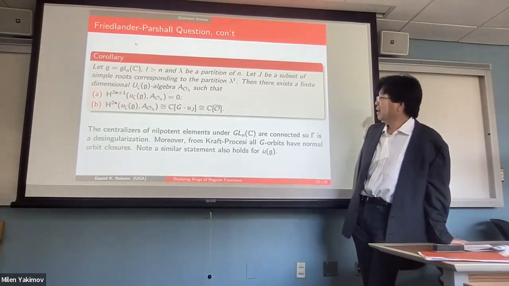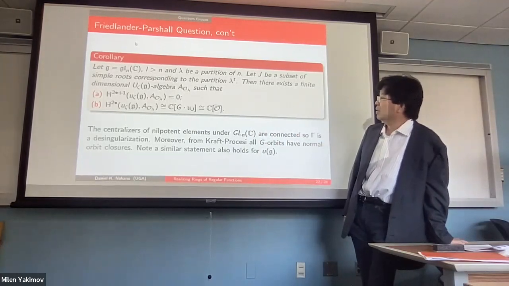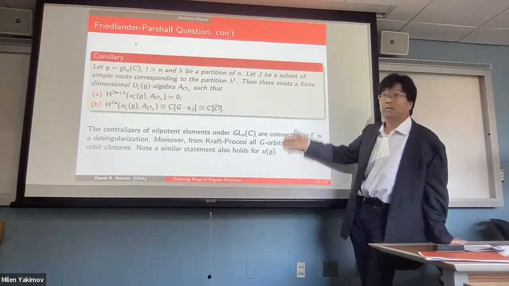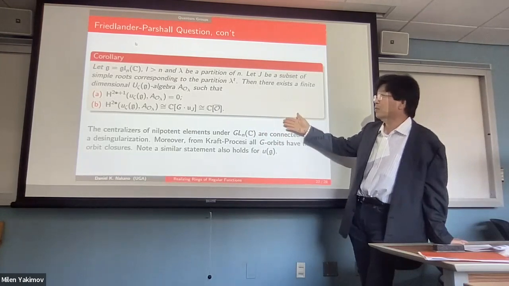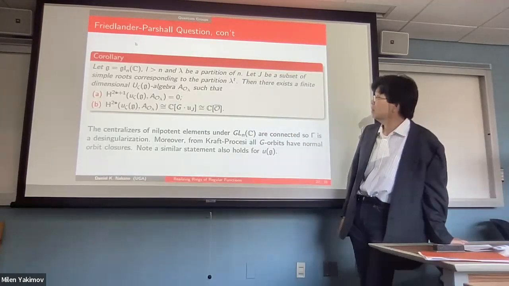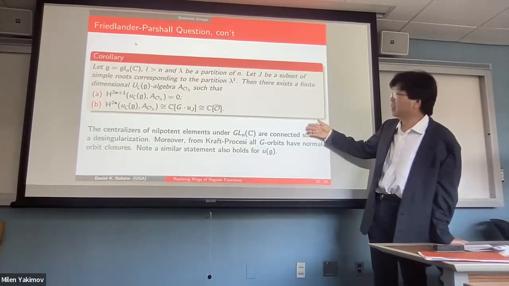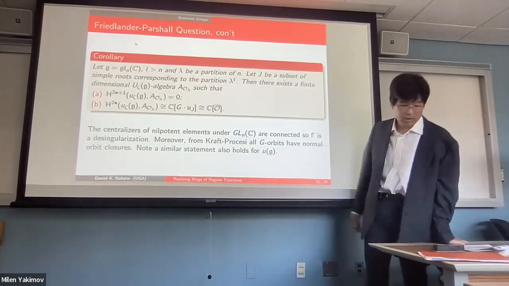Now, in type A, you can answer this, and also for the restricted enveloping algebra, you could just do the same thing. I stated this for the quantum case, but for the restricted enveloping algebra, it follows in the same way. You have to check certain conditions, but everything works out.